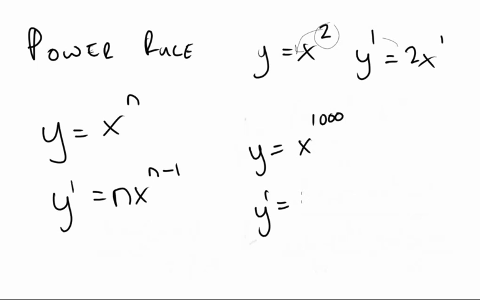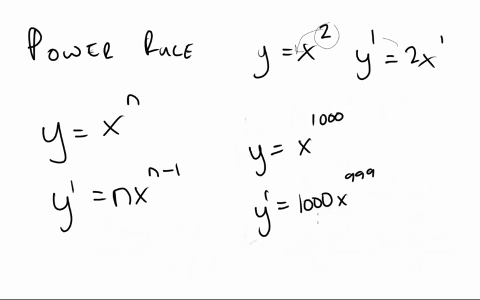You would probably have to break out your Pascal's triangle, and it would still take you tons of paper because you've got to do x plus h to the power of 1000. Or use the power rule. We're going to take that 1000 and put it in the front, times x to the power of 1000 minus 1, or 999. And there it is. Very simple.